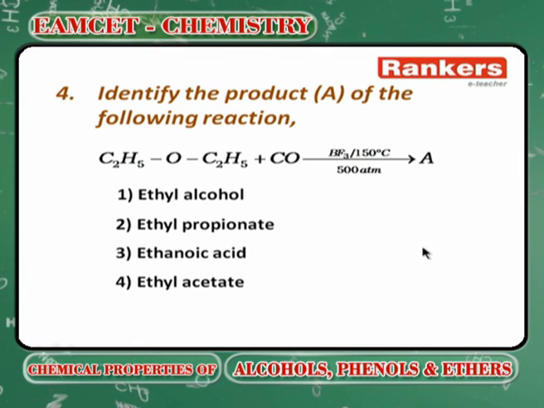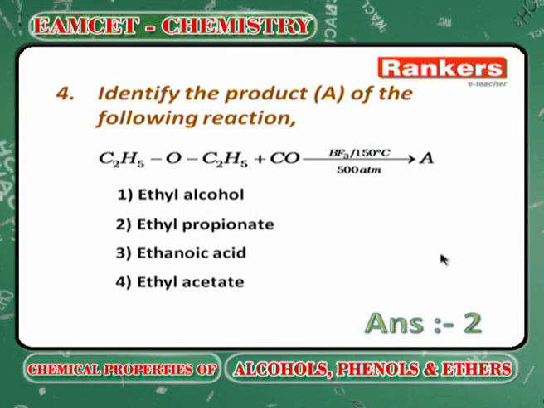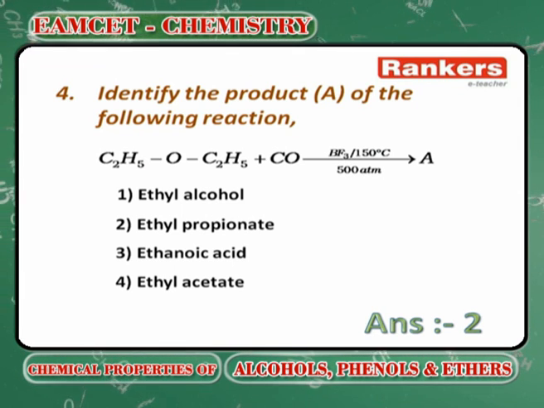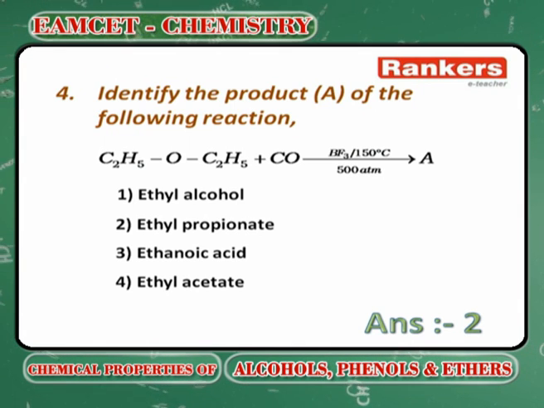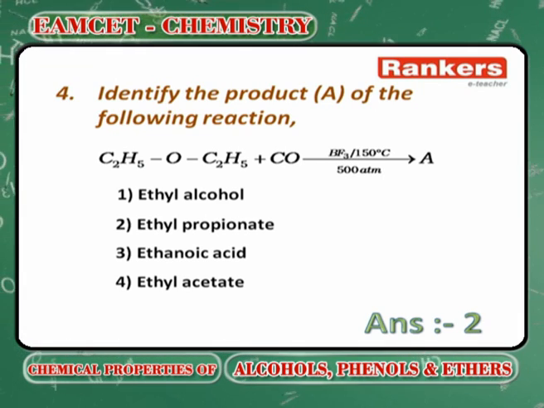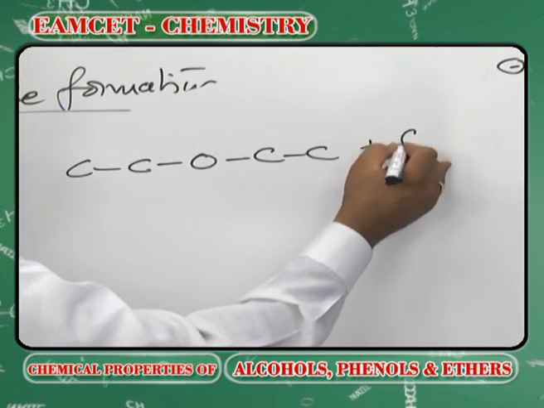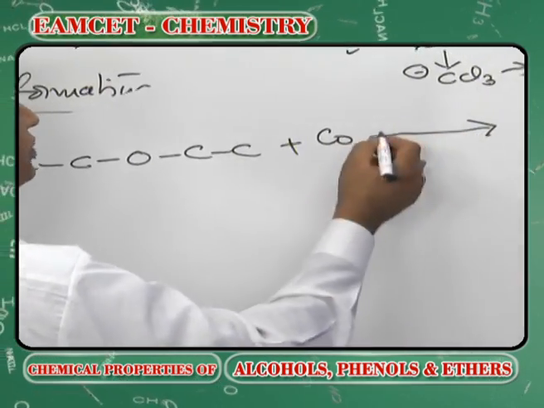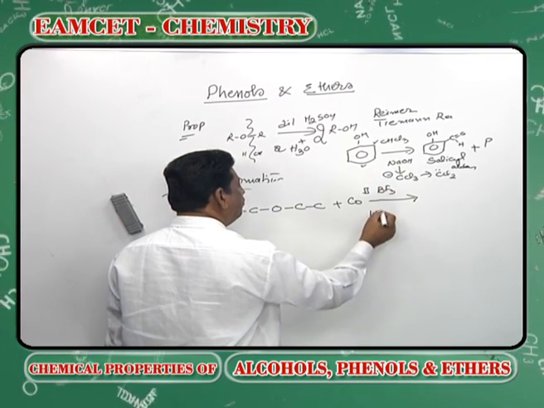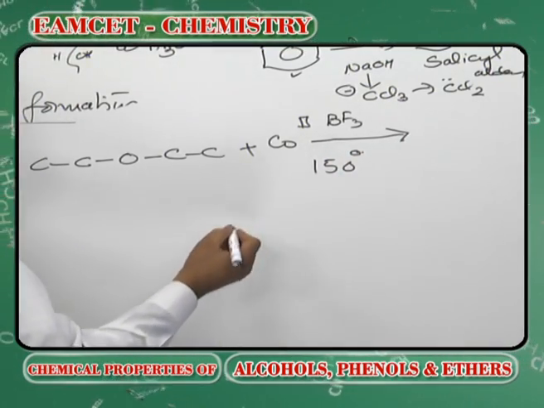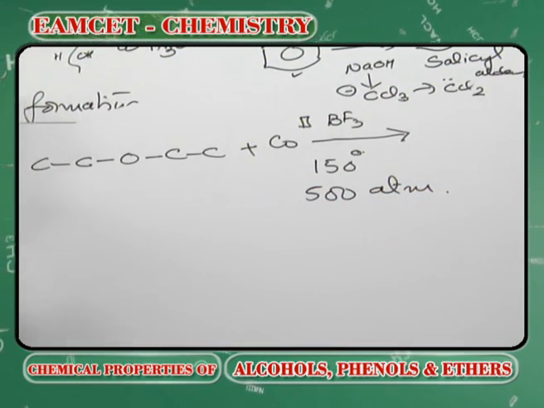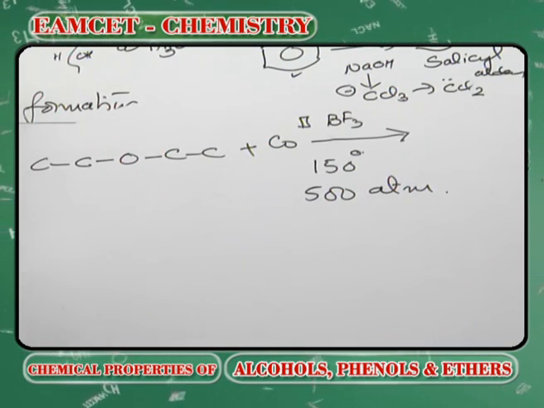Phenols have this particular reaction also. Several times this reaction is repeated. It is not that important, but as far as this EAMCET is concerned, any ether, if I take for example a diethyl ether, is treated with carbon monoxide in presence of anhydrous BF3, heated at 150 degrees centigrade and 500 atmospheric pressure. 500 atmospheric pressure means a very high pressure condition.